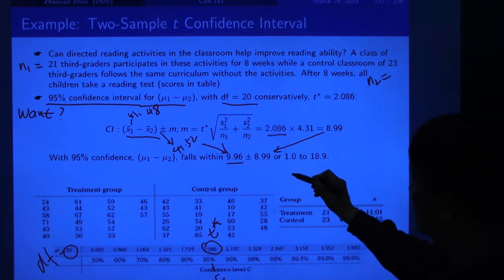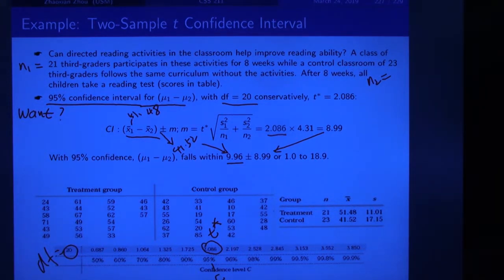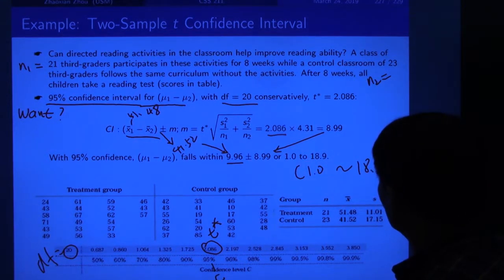This minus this gives us 1.0, and this plus this gives us 18.9. So the confidence interval is 1.0 to 18.9.